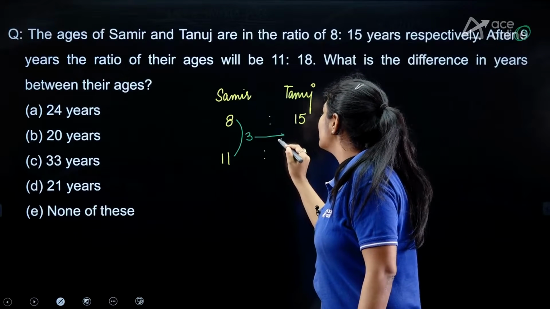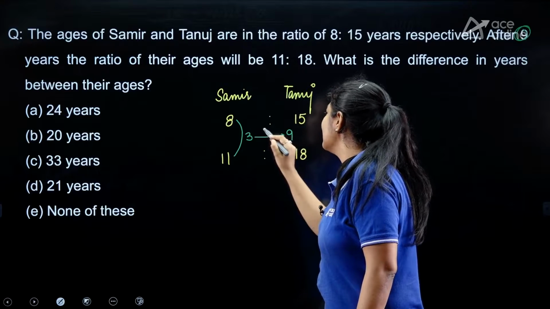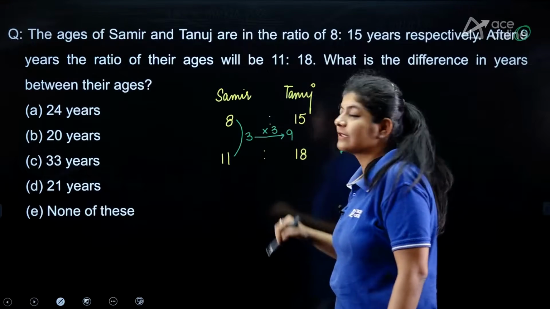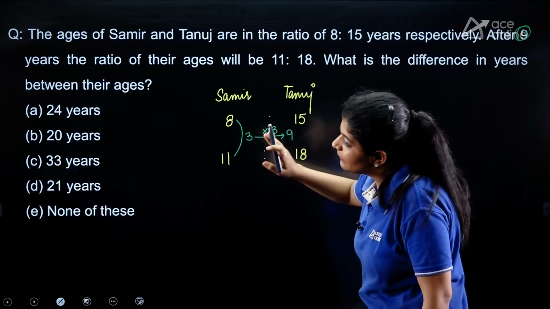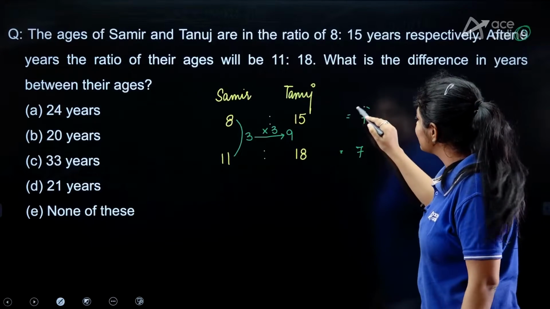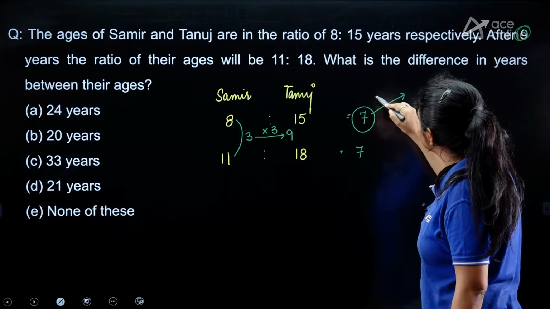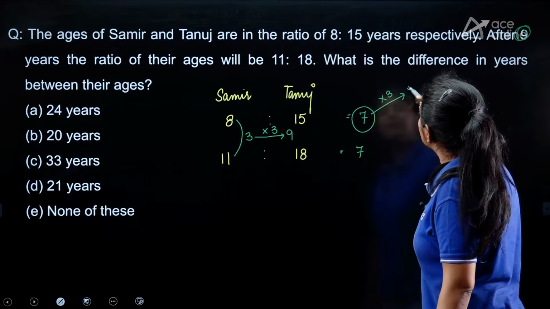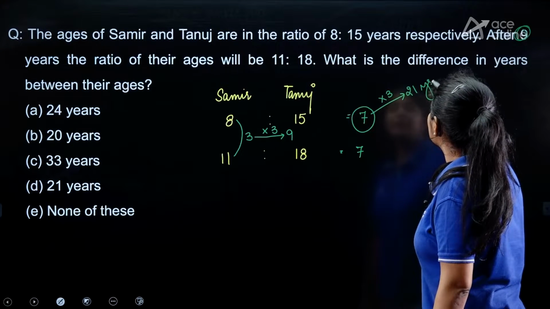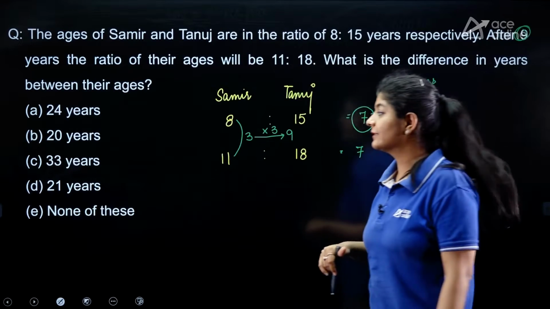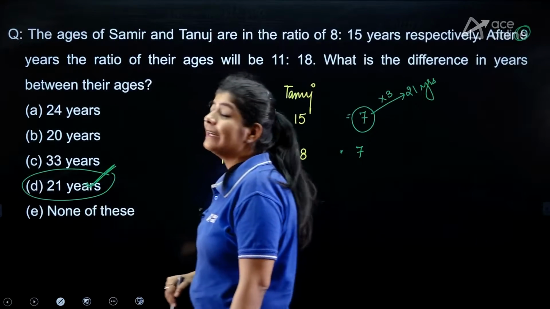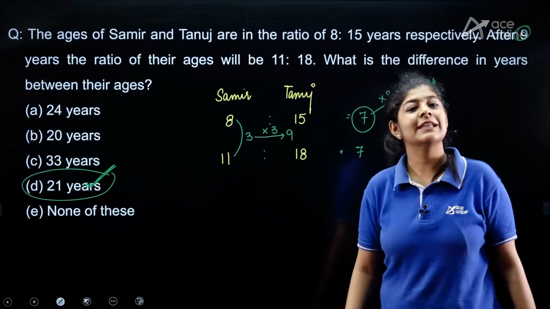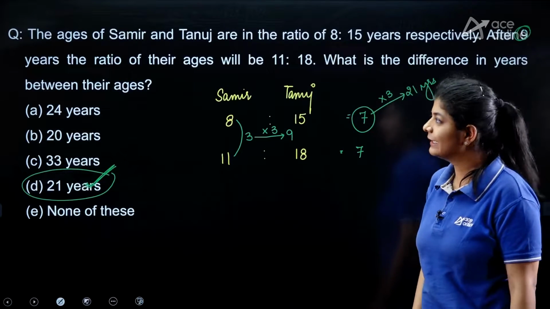That means the value of this 3 is actually 9, so it is present on the multiple of 3. Now the question is asking the difference between their ages, and that is nothing but 7, but again this is present on the multiple of 3. That means the age difference between them is 21 years. Option number D is the correct one, right? Next.